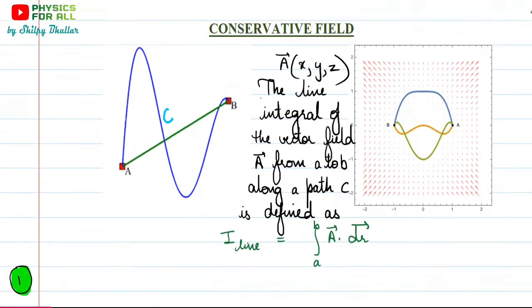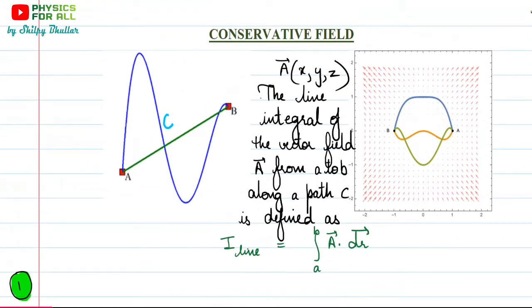So here you can see that if we say that a particular field, suppose vector A, is a conservative field, then its value will only depend on A and B, and it will not depend on the path C. So whenever we write down this line integral along a path C, before this C had some importance because it was influencing the final value of the integral. But for conservative fields, this C has no role. Conservative fields are independent of the nature of the path taken.